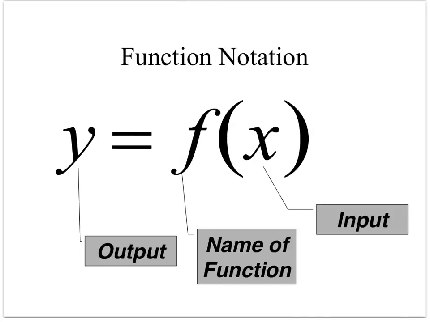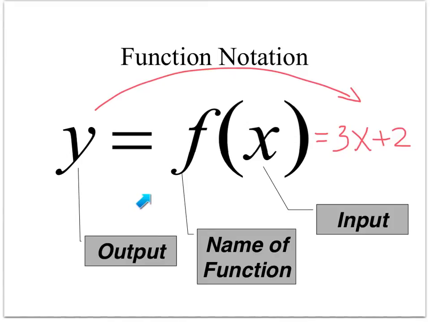Here's a quick review of function notation. Let's add a little bit to this. Let's say this is 3x plus 2. You can see that whatever the 3x plus 2 gives you, that would be your output. The f is just the name of your function.